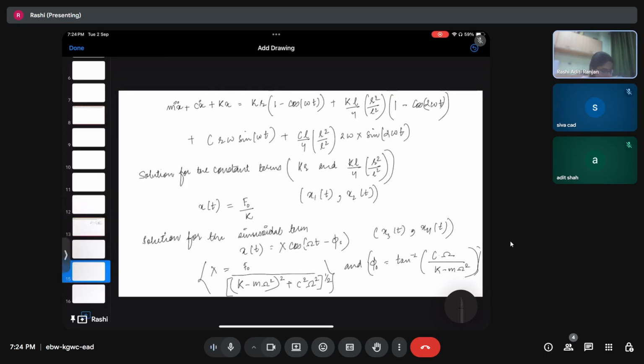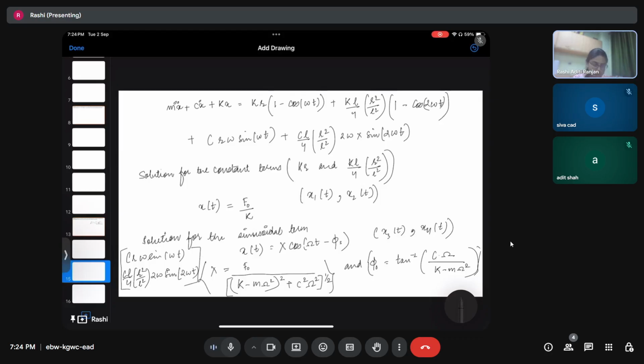For the sinusoidal term, I should write the terms over here. So the first term is going to be C R omega sine of omega t, and then we have C L by 4 R square by L square 2 omega sine of twice of omega t.